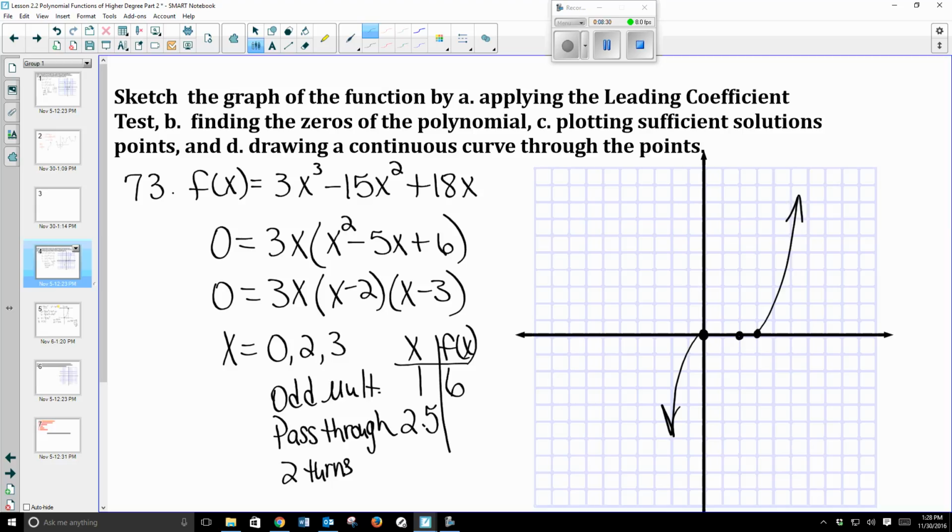You'll want to do that in your calculator. I believe it's negative 1.9. So I'm going to plot those 2 points.